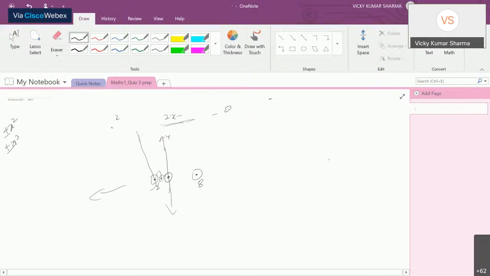So you can just have a rough diagram of this, not necessarily the exact value. Then something like this. Okay, Apul?